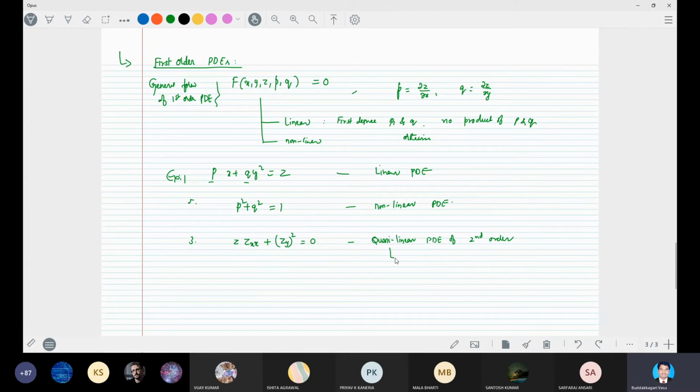Quasi-linear PDE means a differential equation where the degree of the highest order derivative is 1 and there is no product of partial derivatives of higher order. Do you understand? A differential equation is said to be quasi-linear if the degree of the highest order derivative is 1 and no product of partial derivatives of higher order is present.